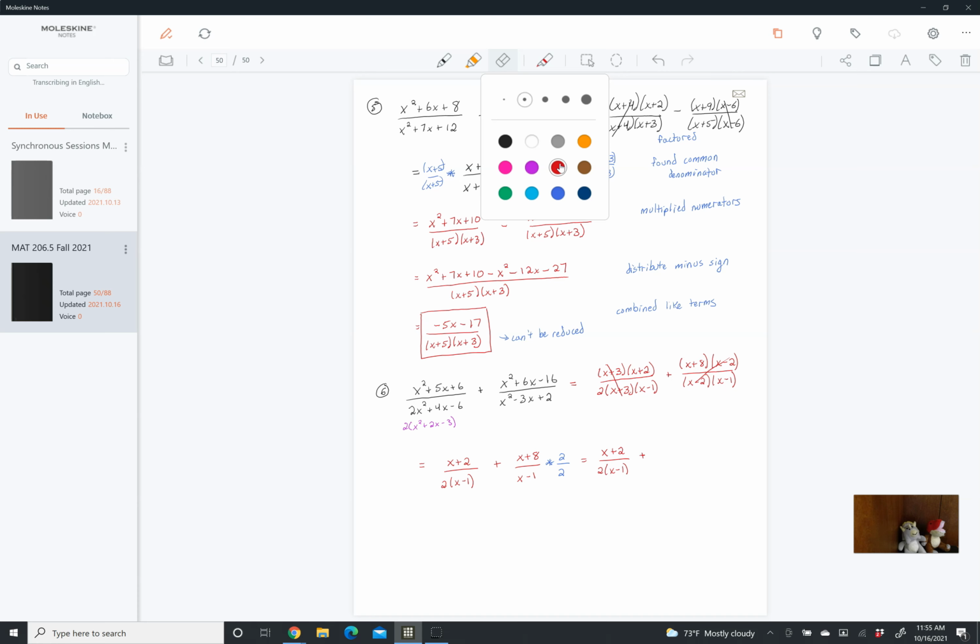And then that 2 here has to be distributed: 2x plus 16. Okay, so now we add: 3x plus 18 over 2 times x minus 1.